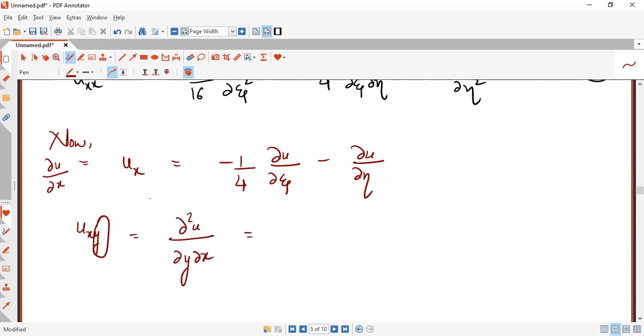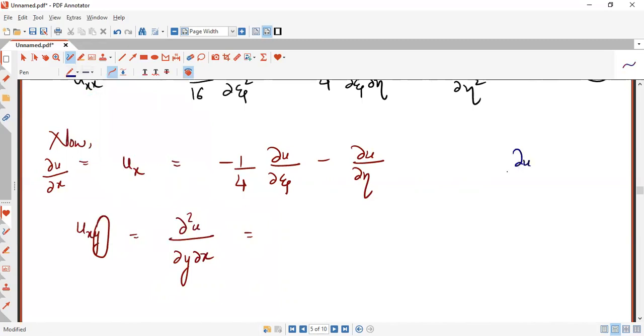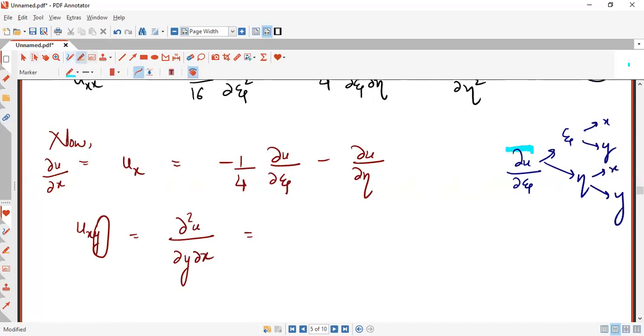I know again that ∂u/∂ξ and ∂u/∂η are functions of ξ and η, where ξ and η are again functions of x and y. So I have to go through it again, but now differentiating with respect to y.